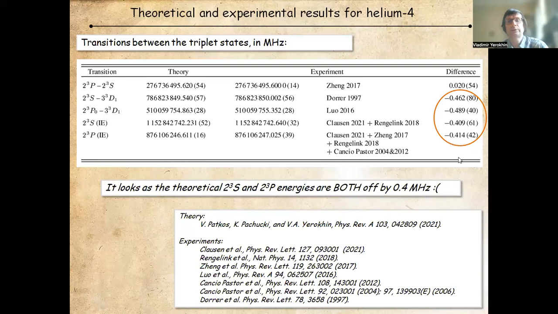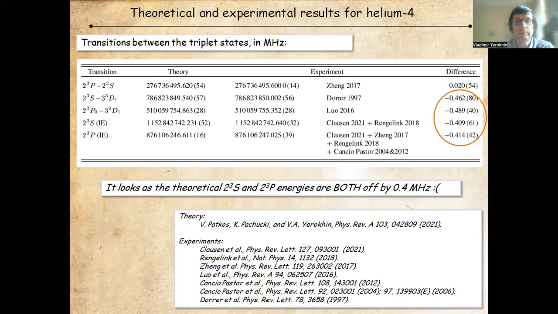So it looks very much as if both triplet S and triplet P energies are off from experiment by 0.4 megahertz.